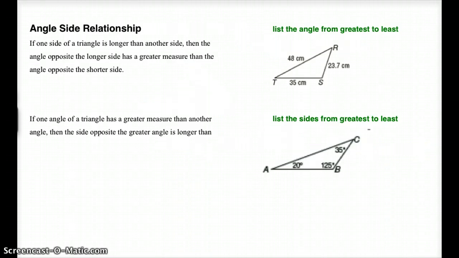All right, let's take a look at our next relationships. Now we're going to look at our angles and our side relationships. What it says is if one side of a triangle is longer than another side, then the angle opposite the longer side has a greater measure than the angle opposite the shorter side. So if I draw a triangle and make an obtuse angle, do you agree that this side here is the longest side?